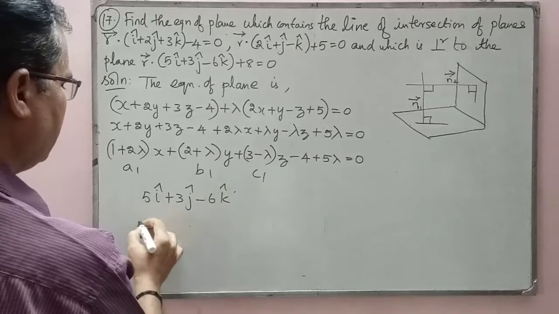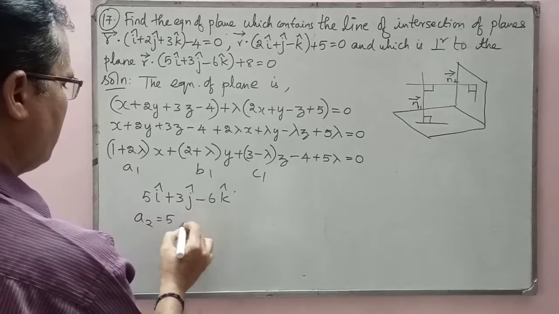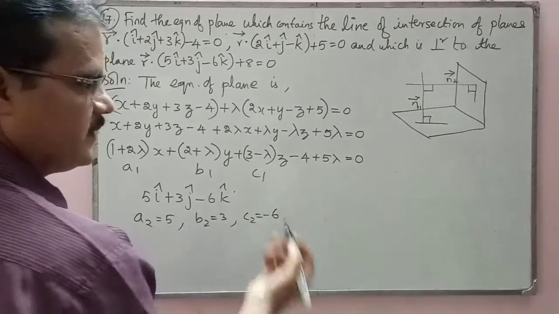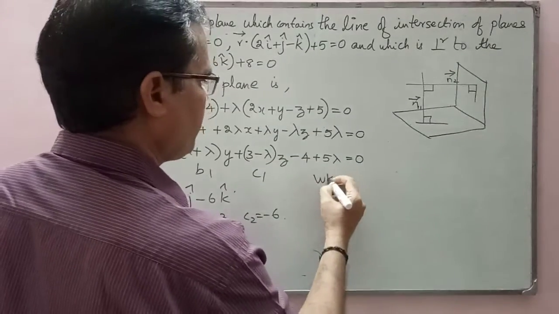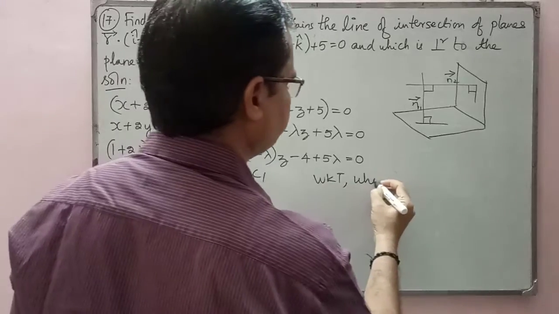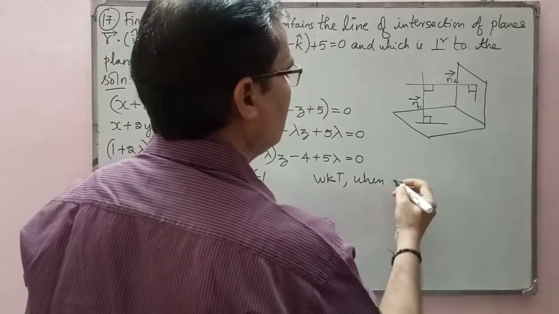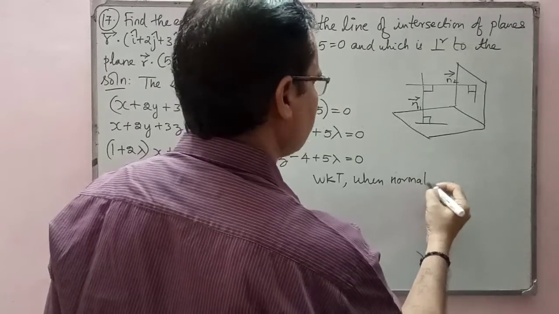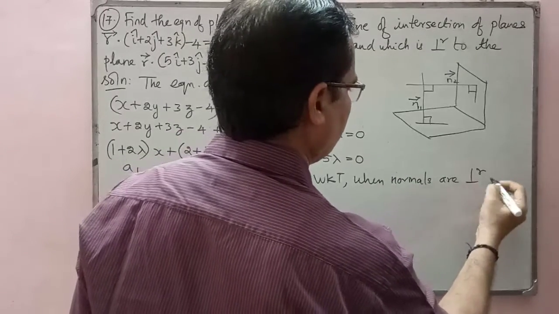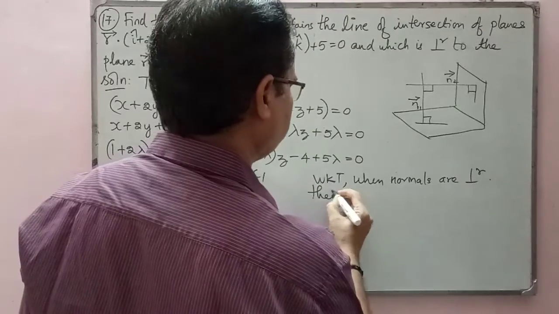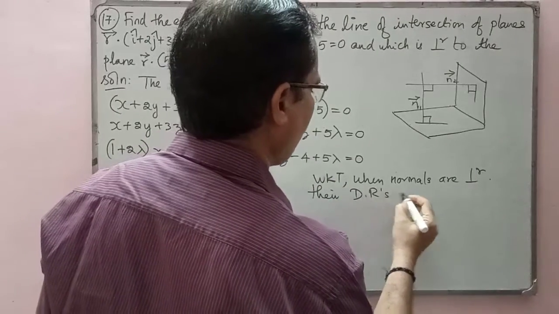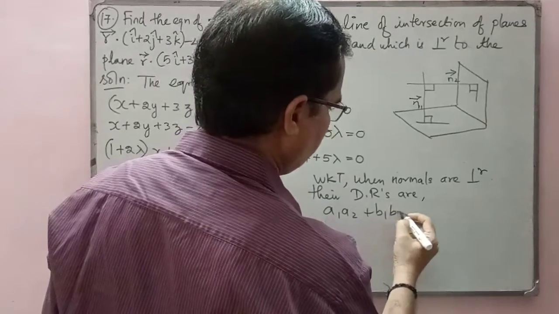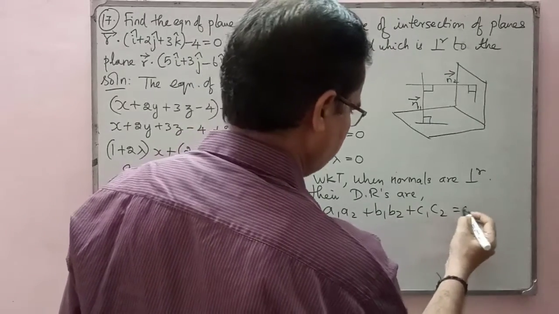So I am going to take a2 as 5, b2 as 3 and c2 as minus 6. So we know that when normals are perpendicular or planes are perpendicular, their direction ratios satisfy a1 a2 plus b1 b2 plus c1 c2 equals 0.